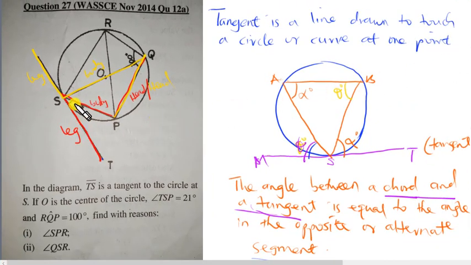So the angle formed, we know this angle is 21 degrees. We are told from the question that angle TSP, that is T, this point S, P, is 21 degrees, and this angle is formed between a chord, the chord SP. So the angle between a chord and a tangent is equal to the angle in the opposite segment. So when we come within here, this chord SP divides the circle into 2 segments.